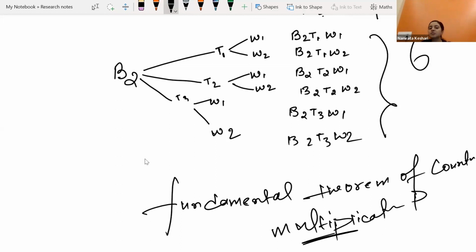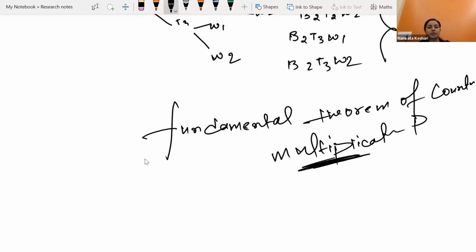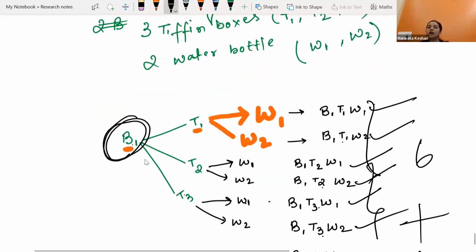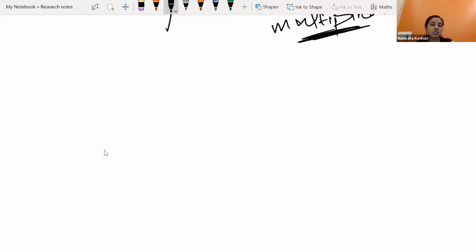You can see we are just doing the multiplication over here. Fundamental theorem of counting or multiplication. That's what we have learned so far. Now we will be using this logic while solving the questions.